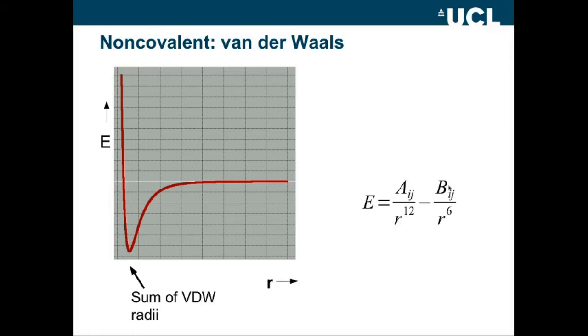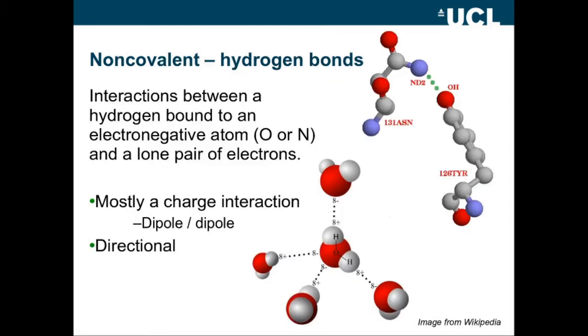The attractive effect on the right, so this has a negative sign in front of it, this falls off to the power of 6, so also falls off pretty quickly. Atoms have got to be fairly close to one another to have an attractive van der Waals effect, but this nonetheless is a much slower fall off than the repulsive effect. And these two constants here, Aij and Bij, depend on the nature of the atoms I and J.